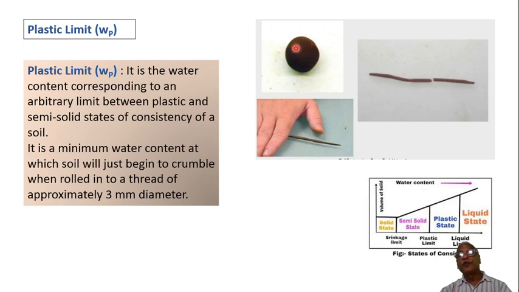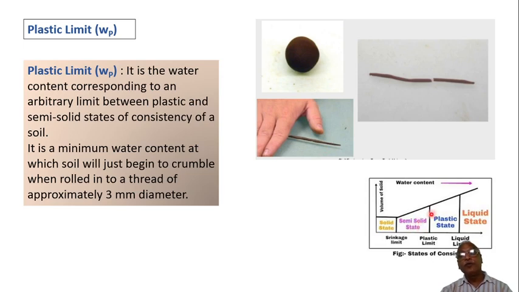You have to take the paste of soil, try to roll it. If you are able to roll it below 3 mm, then the water content is more. And then while rolling, if you are not able to reach up to 3 mm, then the water content is less than the plastic limit. That is, you are in semi-solid state.